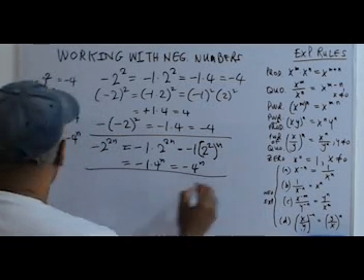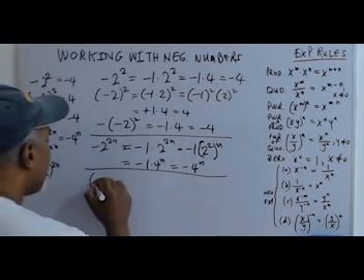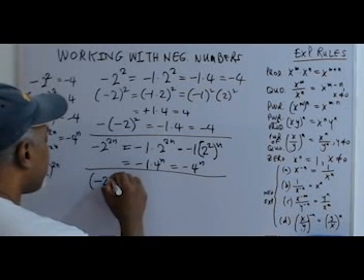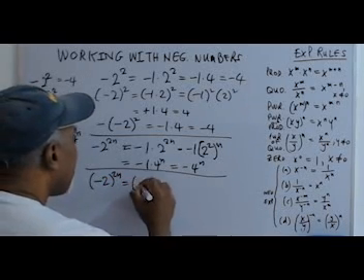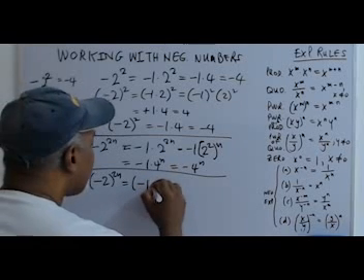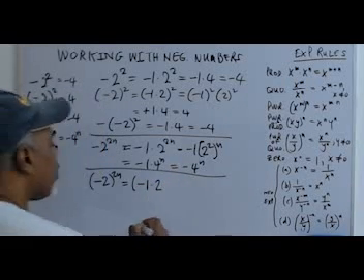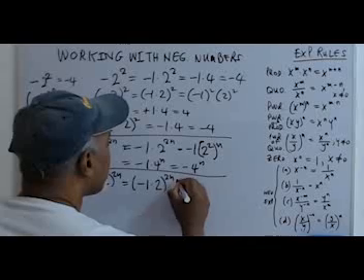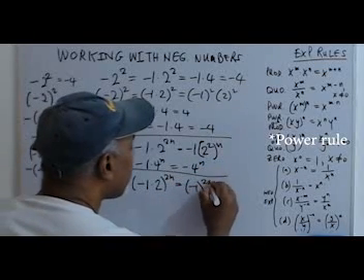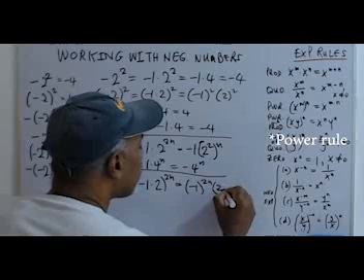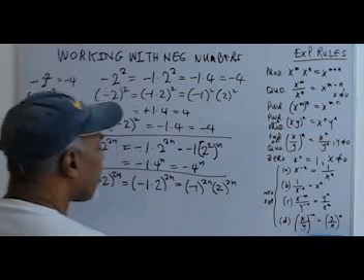Let's look at the next one. The quantity negative 2 to the 2n. Now this is negative 1 times 2 to the 2n, which we can rewrite using the product rule again: negative 1 to the 2n times 2 to the 2n.